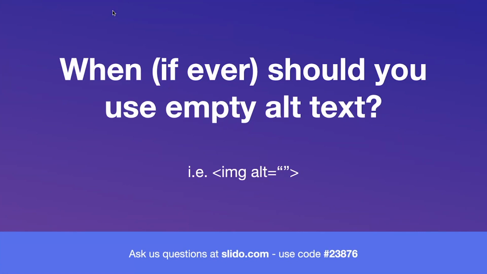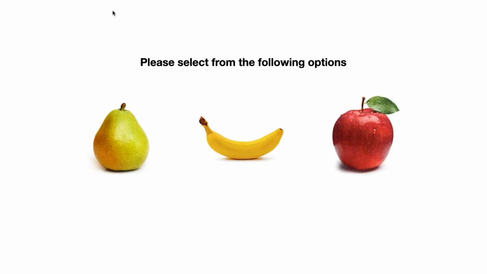Why is that important? Well, let's just quickly recap what alt text is actually for. So this is an example of, say, 3 images in a fictional menu where you might ask someone to select from the following 3 options. And in this case, you're asking someone to pick between 3 images. So because I'm a sighted user, I can easily see what those images are, and I could choose and click on one of them.